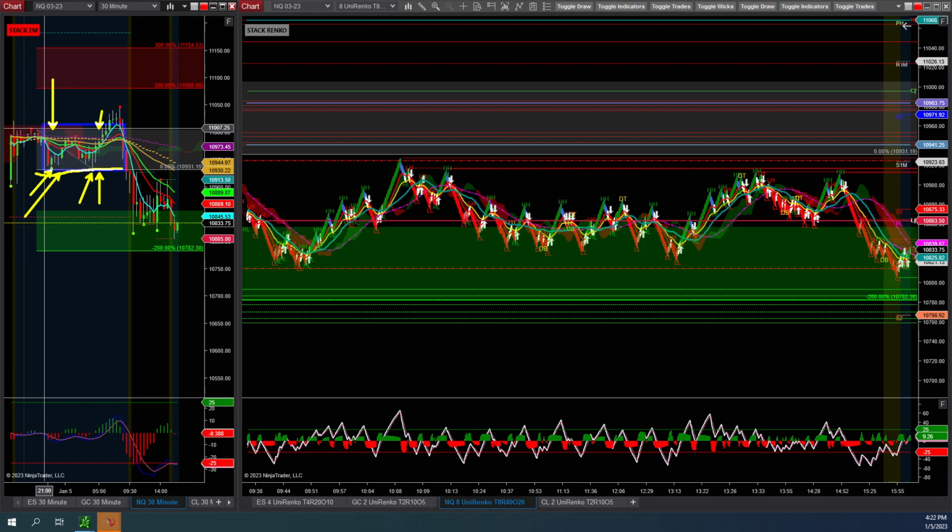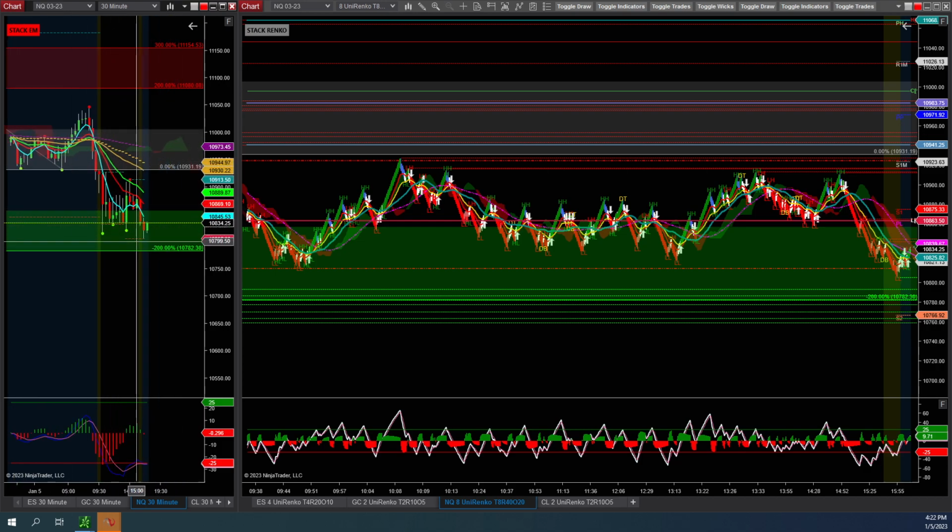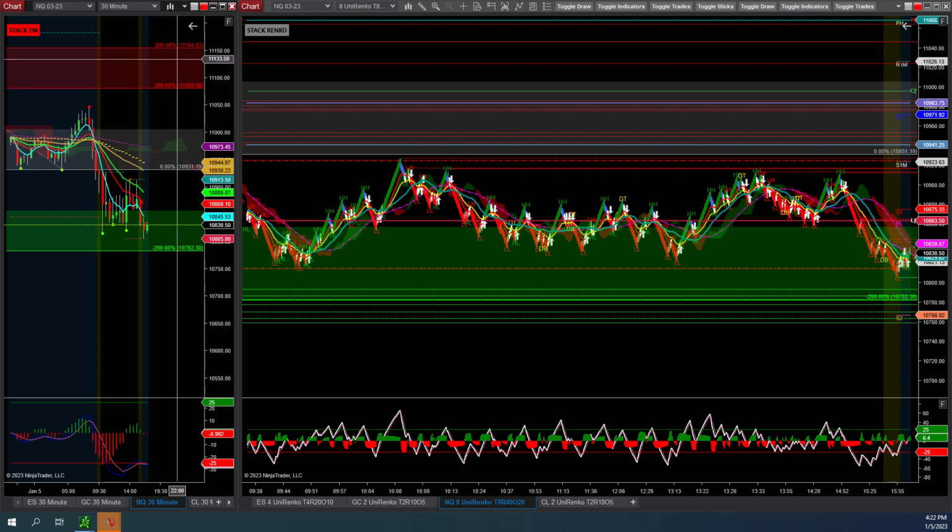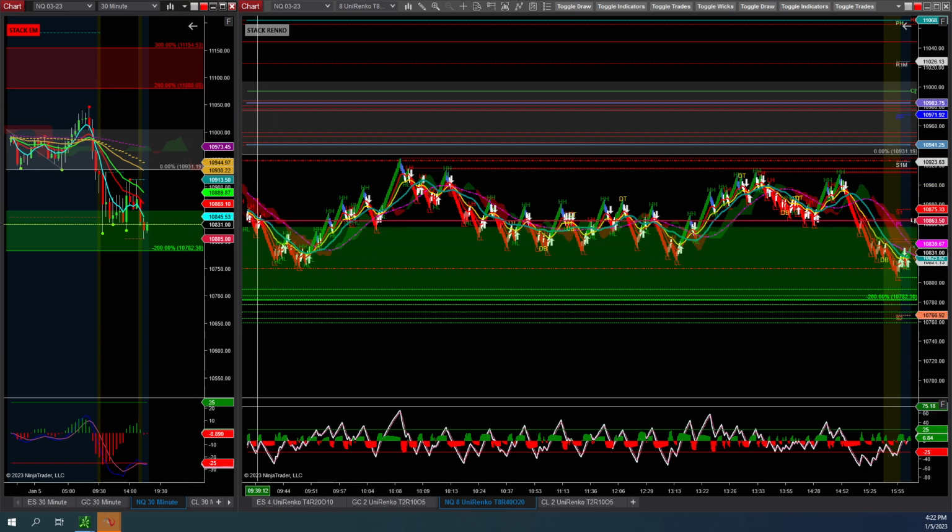So this is the range on the overnight, and then market went all the way to the green area right here on support, and then never recovered and never went up to the initial range. So yeah, that is the action.